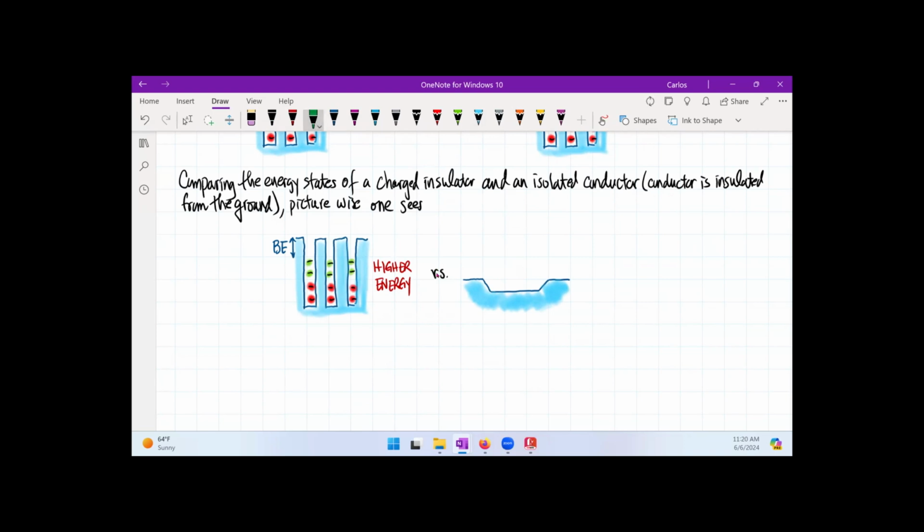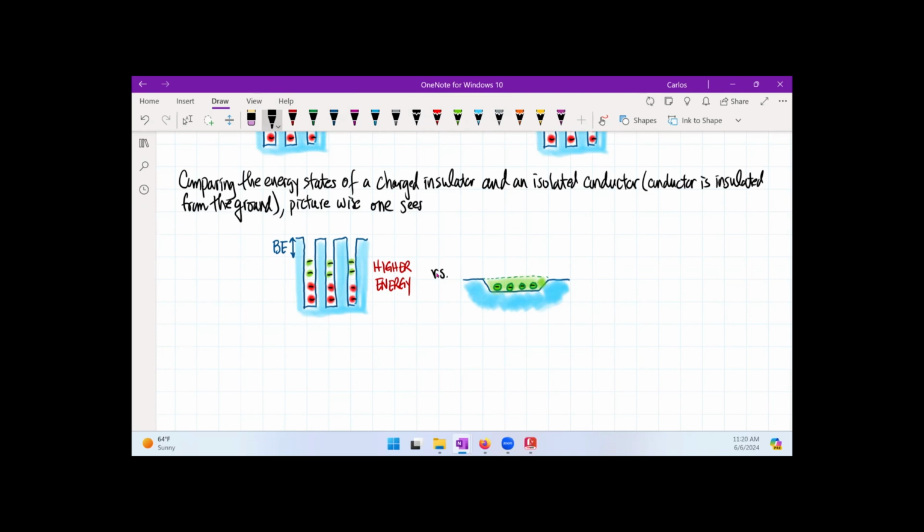This represents the skin of the metal, the metal surface. Inside of here, I also have these electrons, which I'm going to draw in green again, just reminding you that's how we've been drawing the weakly bound electrons.